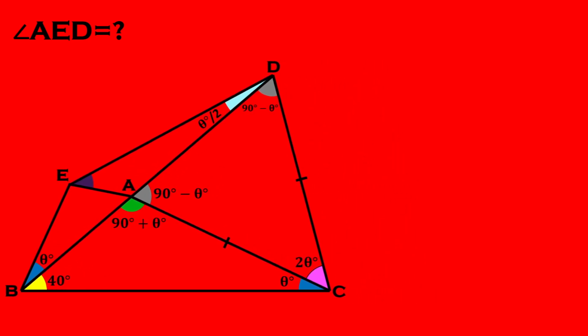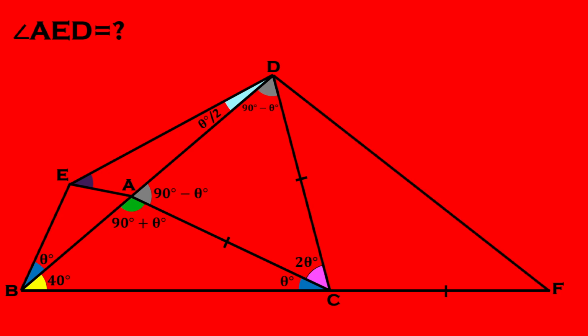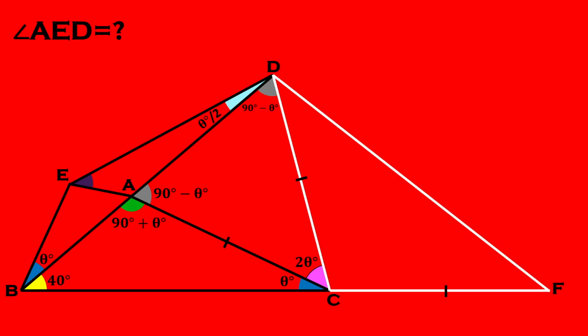Now, from point C we extend BC until a point F such that segment CF is equal to segment CD, and we construct DF. Observing this white triangle, it's also an isosceles triangle. Therefore, the two base angles are equal.